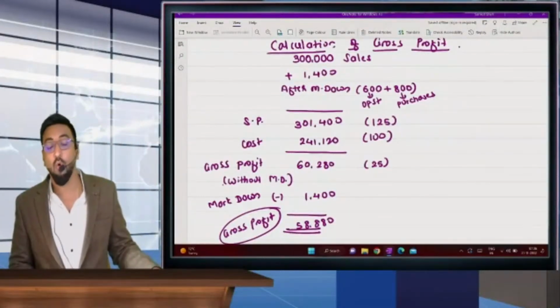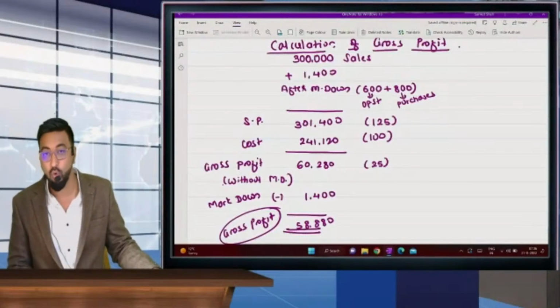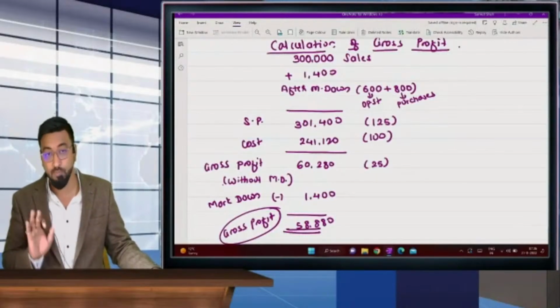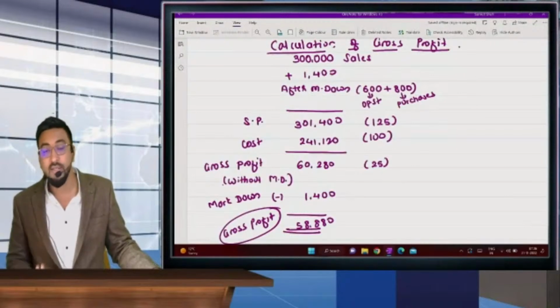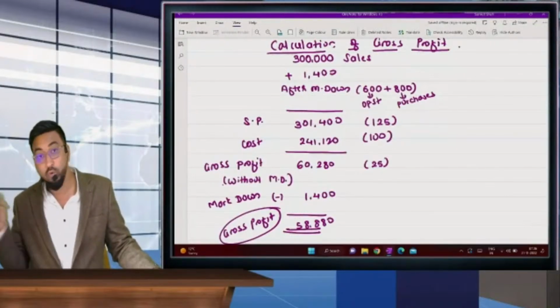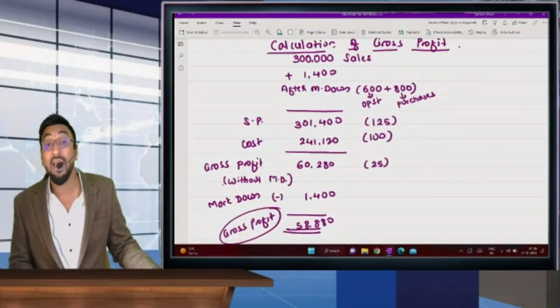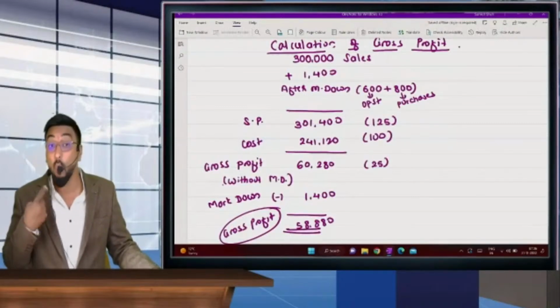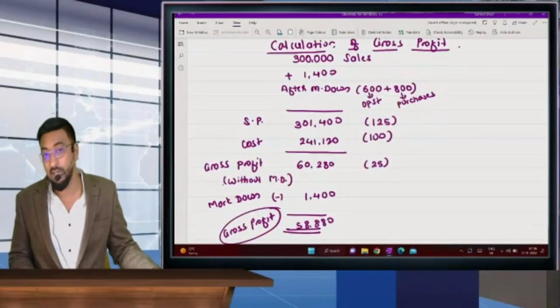Goods sold from opening stock were marked down by rupees 600, so whatever I sold, it is at a reduced price of 600. And for purchases which I sold, the markdown is 800. In total purchases the markdown was 1,200, out of which 400 goes to closing stock, and I am left with 800 which I sold. So my total markdown is 1,400.